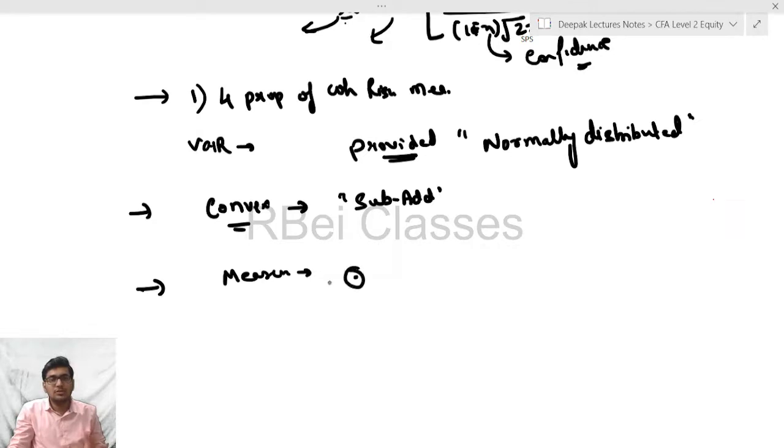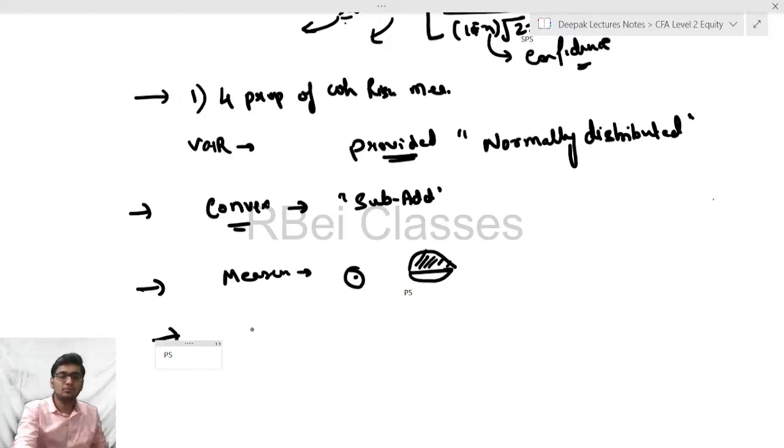Why? Because VAR is just about a point, but expected shortfall takes the area. So you can tell me now what is the probable loss. Clear? Next, about the assumptions. VAR has more assumptions as compared to the expected shortfall. That's why these are the four reasons expected shortfall is preferred over VAR.